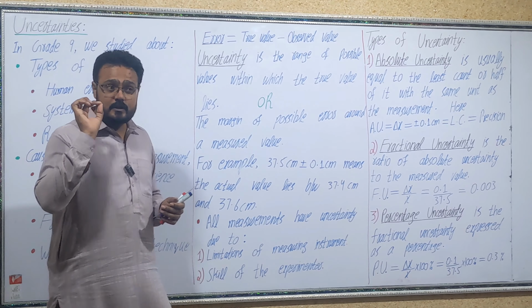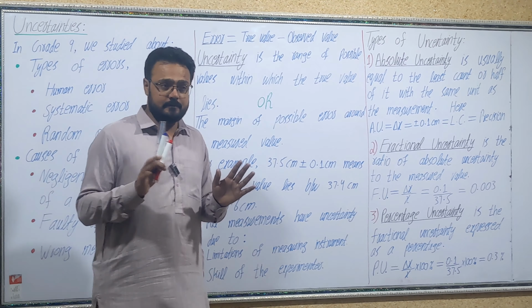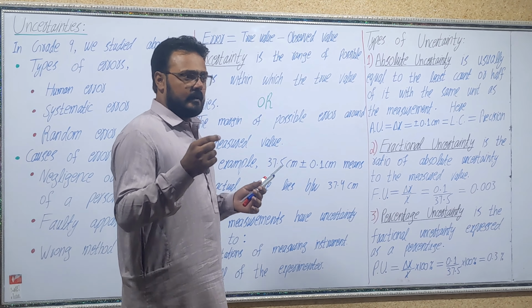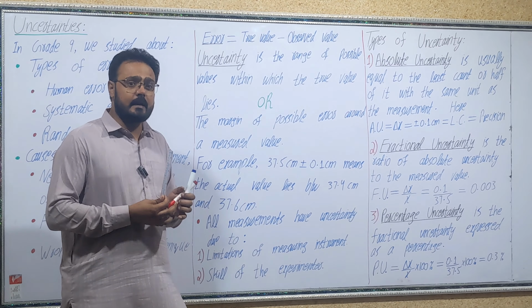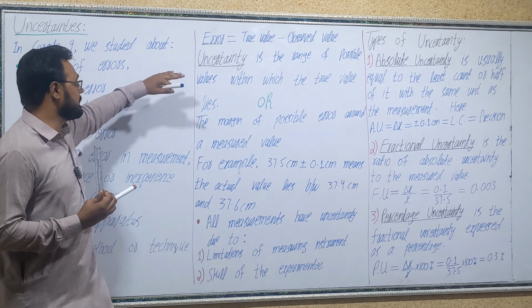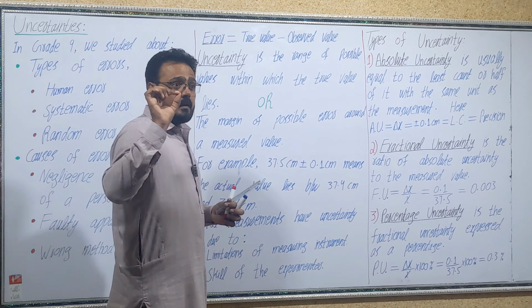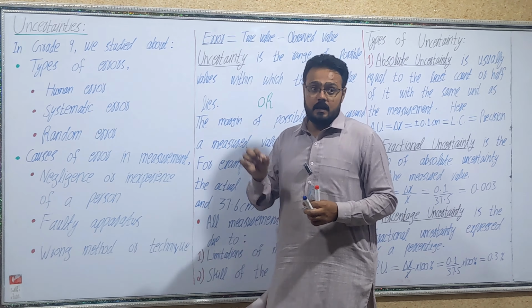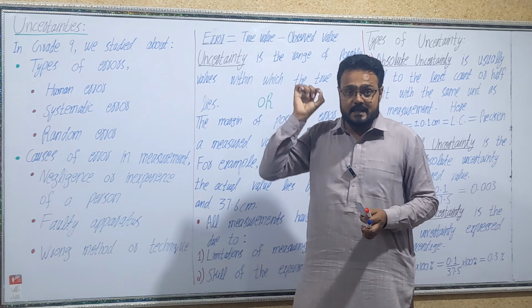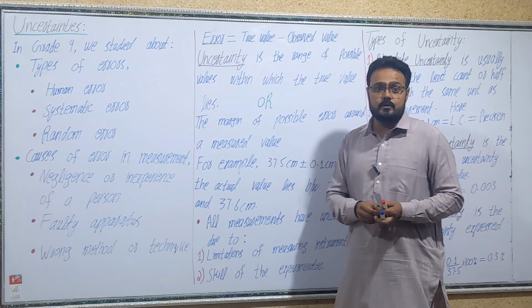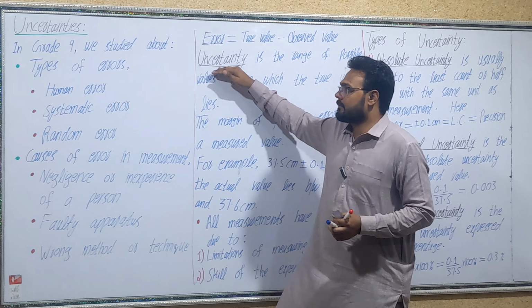I'll try to explain uncertainty with the help of an example. In the example, I'll use a scale and a marker to explain uncertainty.